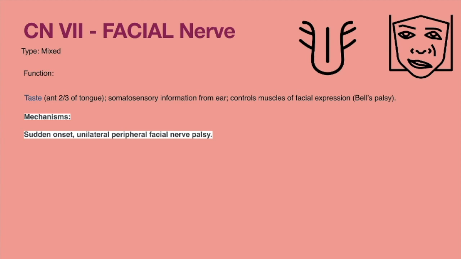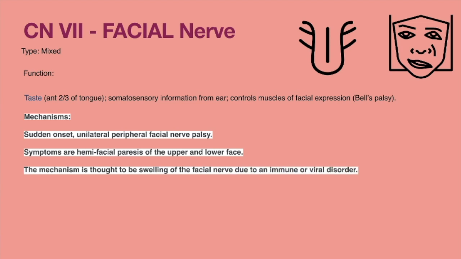So it's the classical Bell's palsy presentation, a sudden onset unilateral peripheral facial nerve palsy that we're all probably quite familiar with, but it is commonly linked to impairment of this particular nerve. And this is one thing that we're probably more familiar with than some of the others.